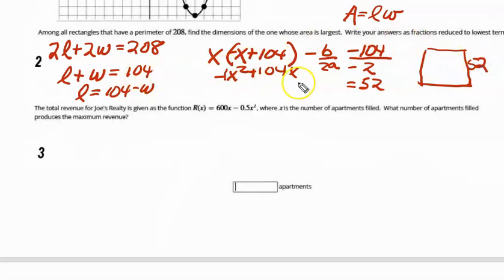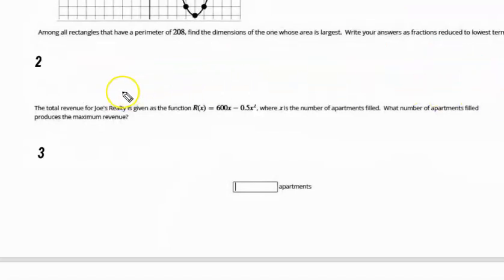Now, if the other side would add up to 104, what's the other side going to be? Well, that's also going to be 52. So even though they describe it as a rectangle, it's better described as a square. And this would give you your greatest area. So what would the dimensions for number 2 be? 52 times 52. Clear this up and go on to the next one.